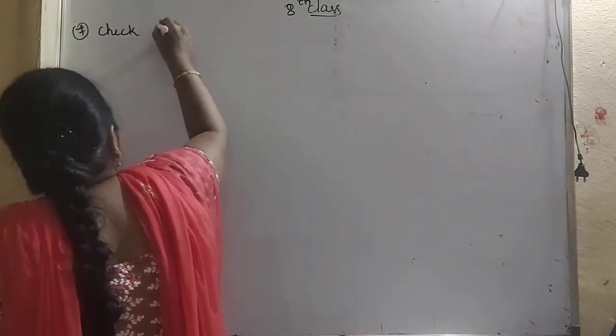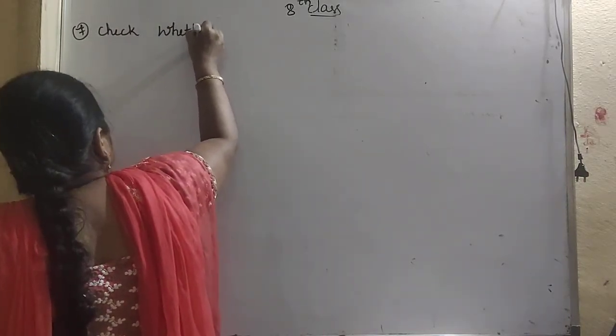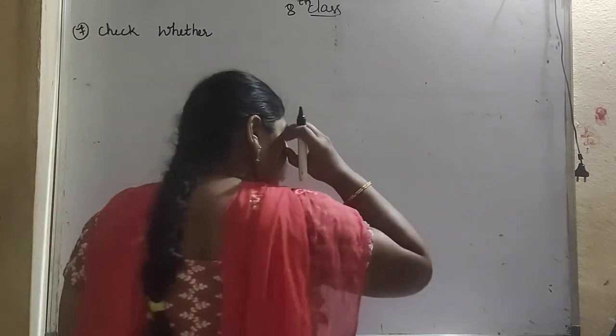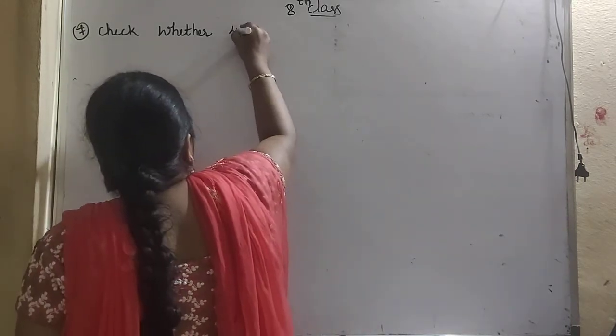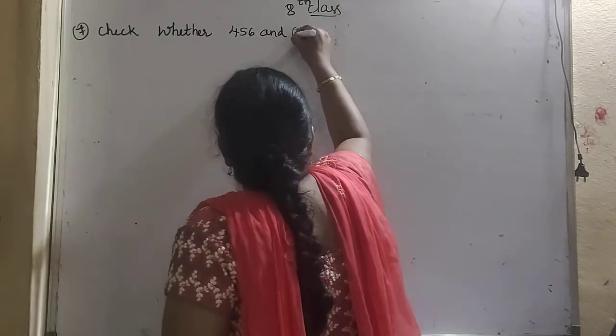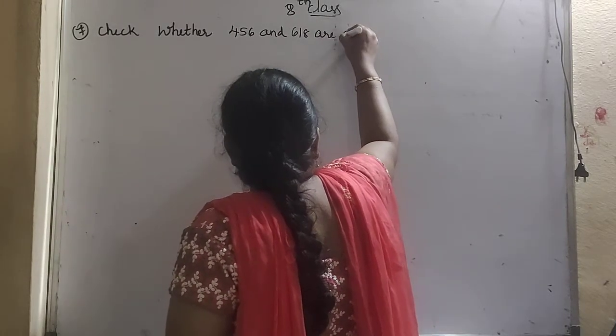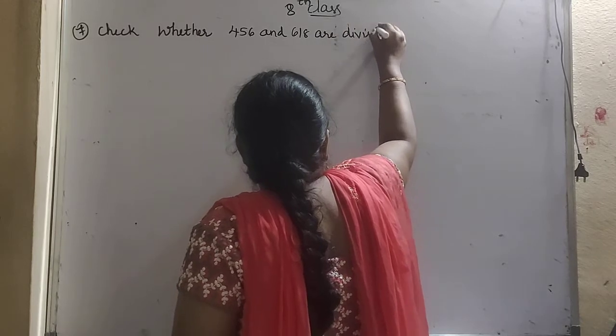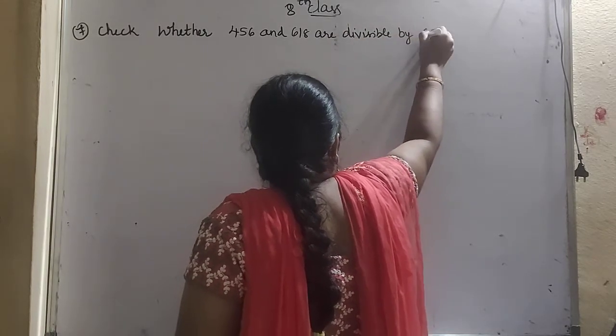What is the seventh question? Check whether 456 and 618 are divisible by 6.